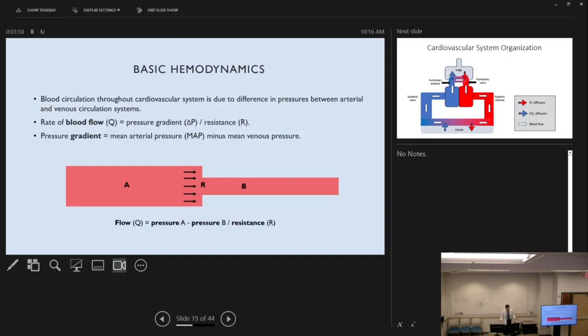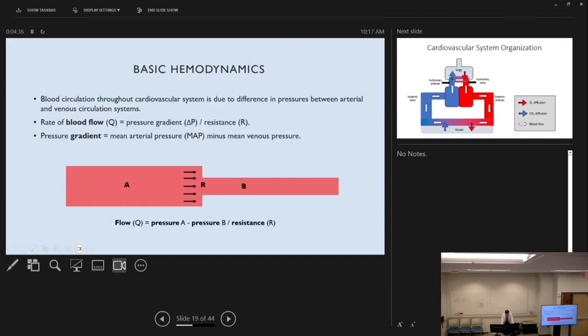And here we have the basics of those principles. The blood moves from one point to another because of the difference in pressure. We are going to be talking about some variables, some concepts, and the most important is the blood flow that we normally represent as Q. That is determined by the pressure gradient between different points, in this case A and B, and it's going to be inversely proportional to the resistance.